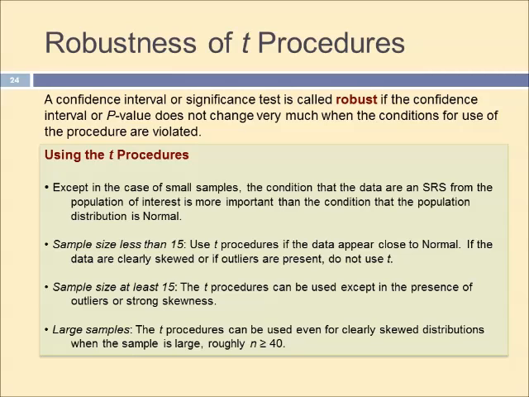So even in cases where it's skewed somewhat, but not terribly skewed, if the sample size is 15, we're okay. And then for large samples, based on the central limit theorem, we can use t-procedures for even clearly skewed distributions. That is, when the sample is roughly larger than 40.